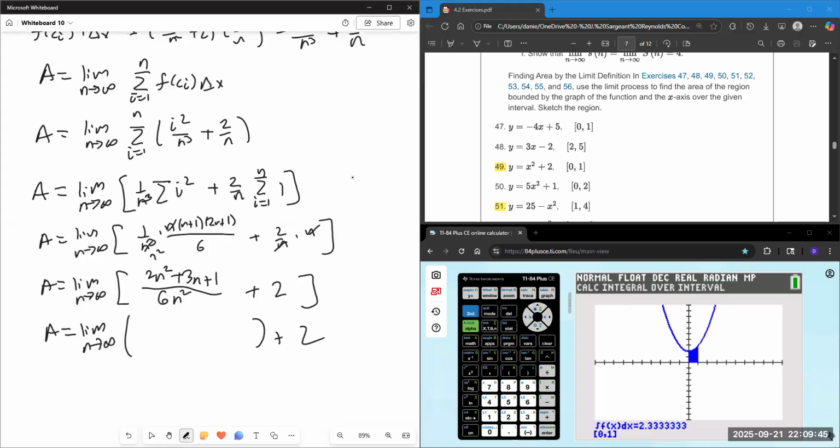This is divide everything by n squared. This is 2 plus 3 over n plus 1 over n squared, over 6. And as we go to infinity, anything with an n in the denominator goes to 0. 2 plus 0 plus 0 over 6 plus 2 is 2 over 6 plus 2, which is 2 1/3, or 7/3, just like we said the answer was going to be.